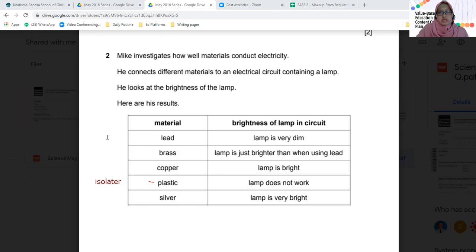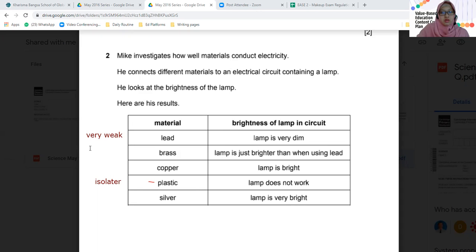The lamp is very dim, so lead can conduct electricity, but very weakly. How about brass? The lamp is just brighter than when using lead.